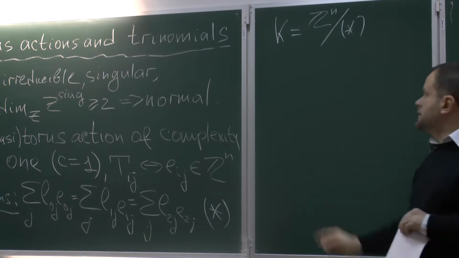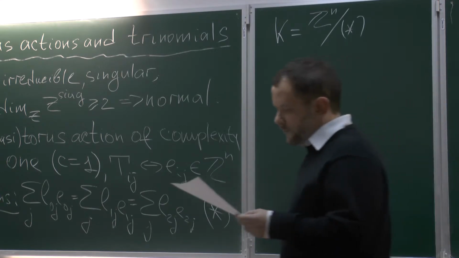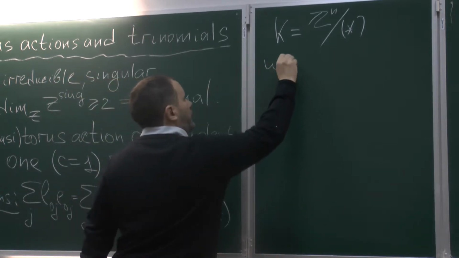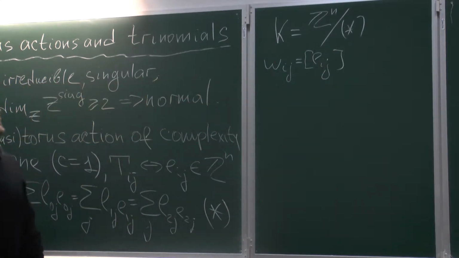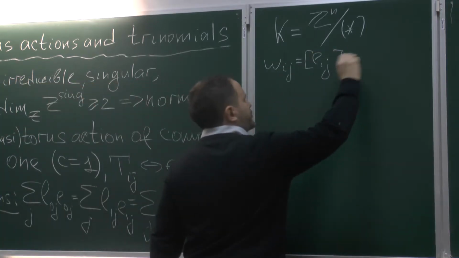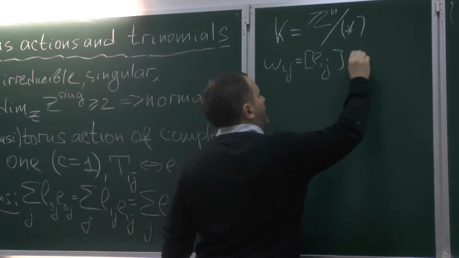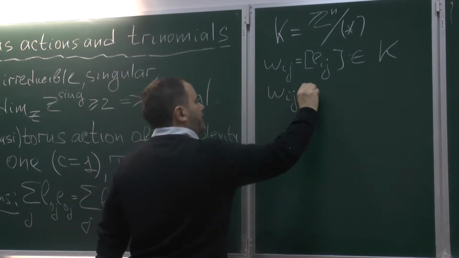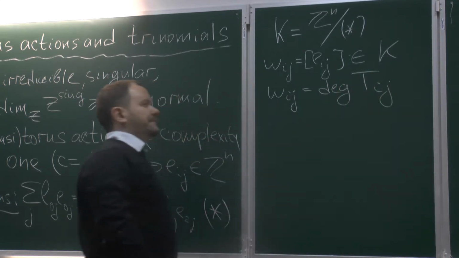In general, this is not a lattice, it may have a torsion, and this torsion is in fact important for the study of our hypersurface. And now the images of my basis vectors, the classes in this group K, I denote w_ij, and these are elements of my group K, and they are the degrees of my variables.